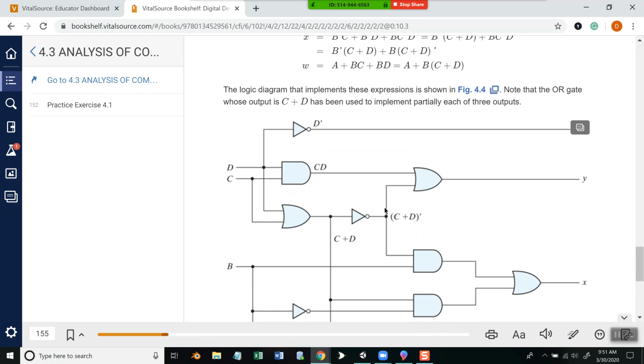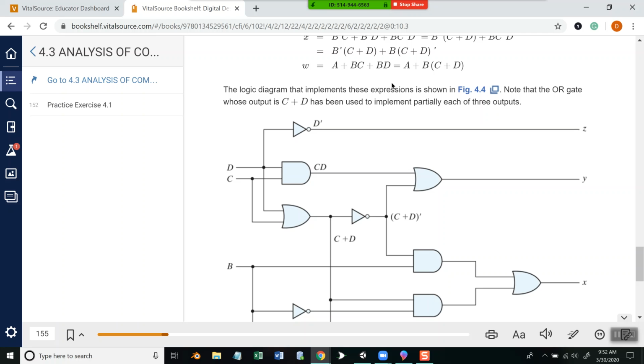X is B prime. Okay, there's the inverter coming in there. So there's B prime, C plus D. C plus D is coming down from there. And then plus, it's coming in through this inverter here, B, which is coming into there, C plus D prime, which is coming down from there, going to that.